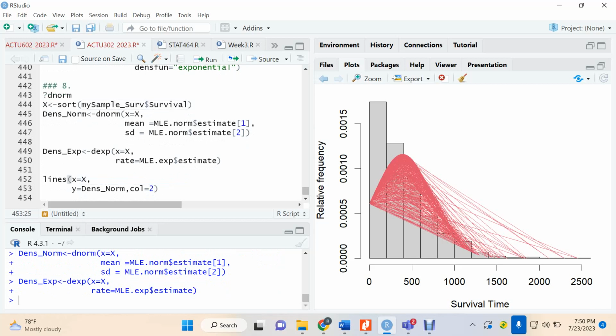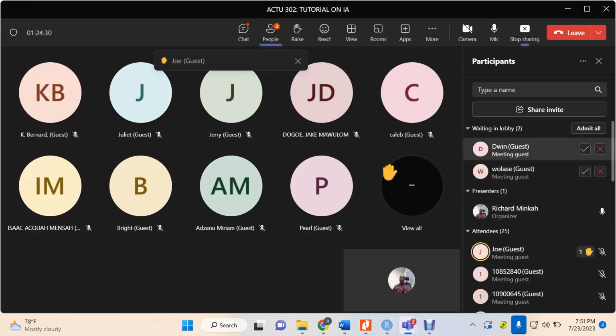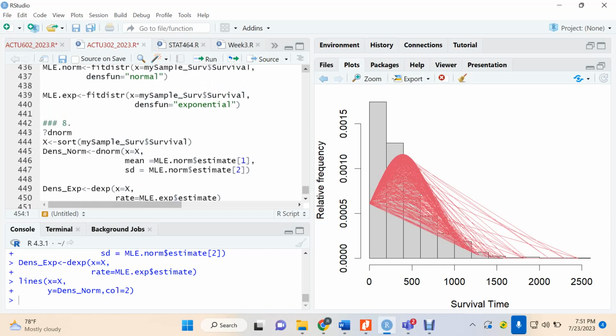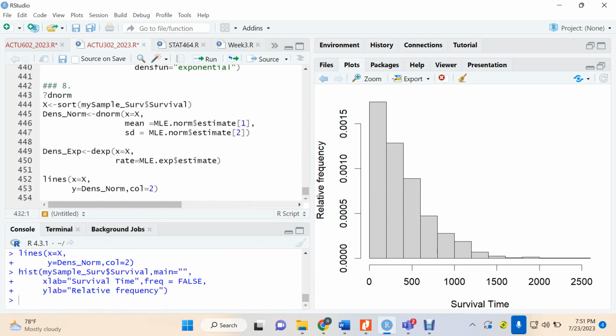So now I need to plot my density again before I'll be able to get it nicely done. I could have also continued by arranging it in the data frame sort of. So let me get my histogram again. And then now let me add lines for the normal distribution density.